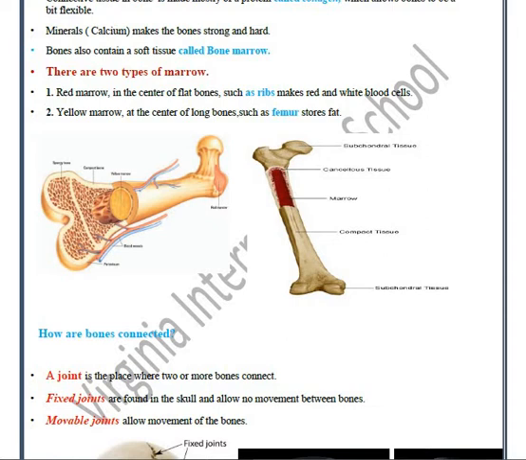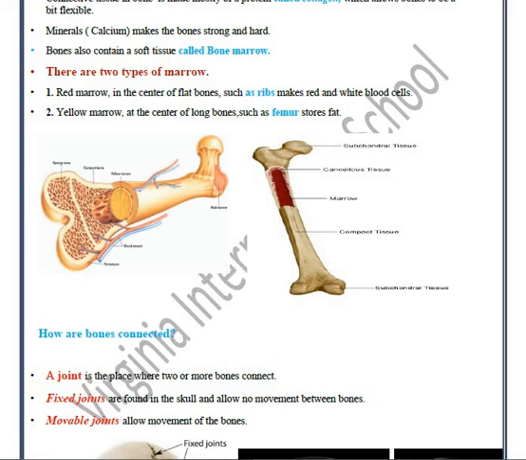So it makes the blood cells. And the yellow marrow is found at the center of the long bones, such as the femur. The femur is the bone of your hip. It's a long bone, okay? And its function is to store fat. So, two types of marrow: the red that makes the blood, and the yellow that stores fat.